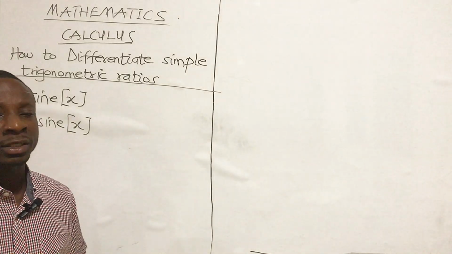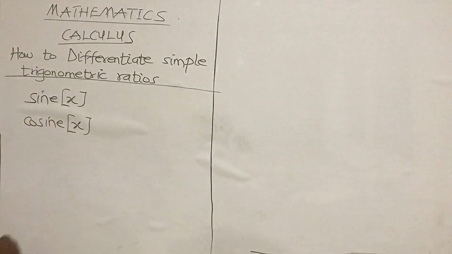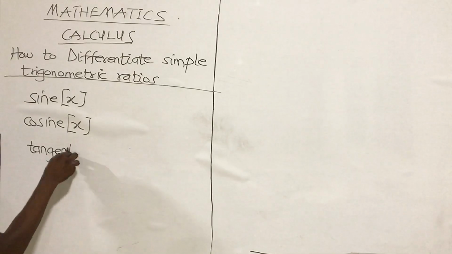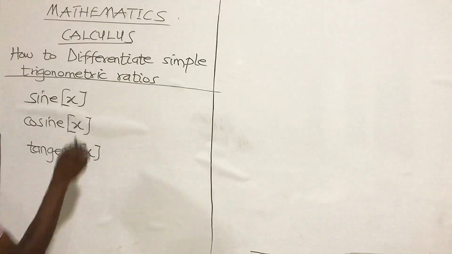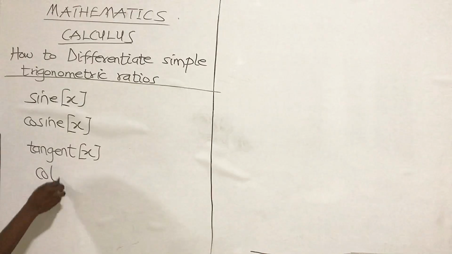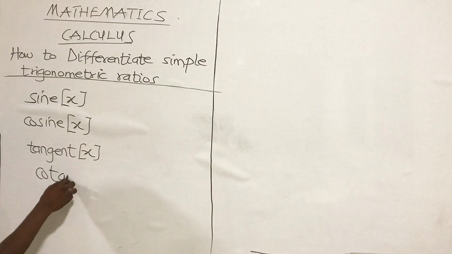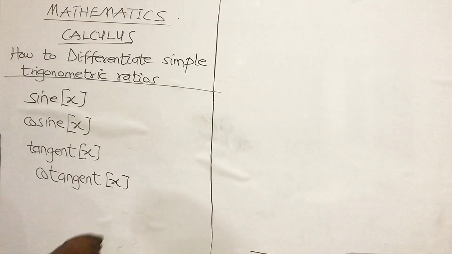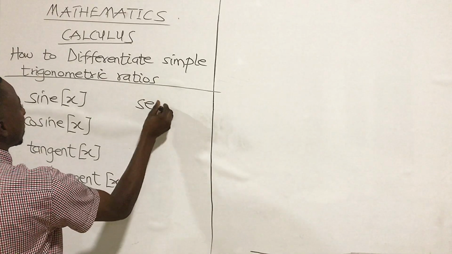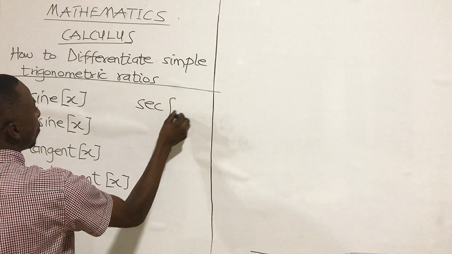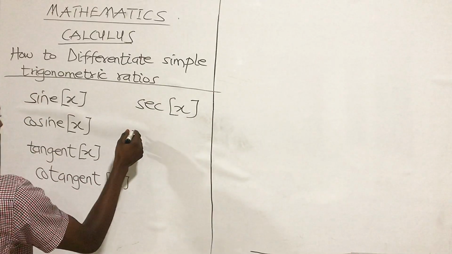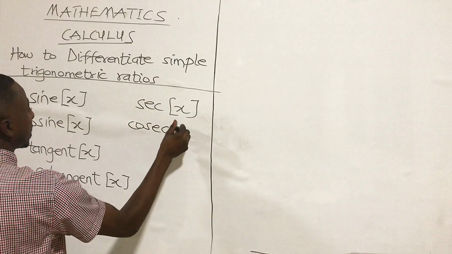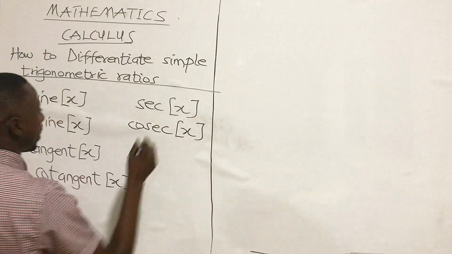So we can talk about the tangent of x, the cotangent of x, the sec of x, the cosec of x.